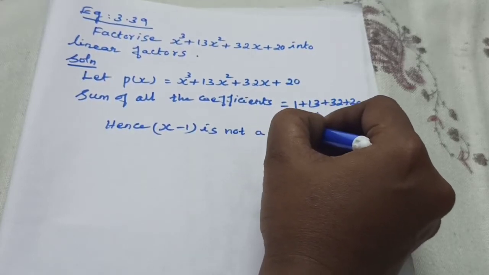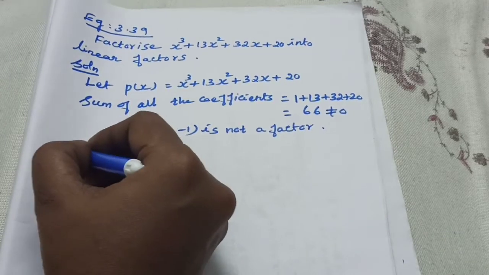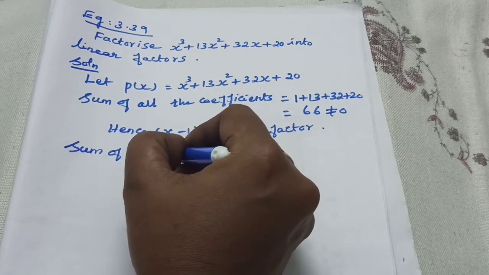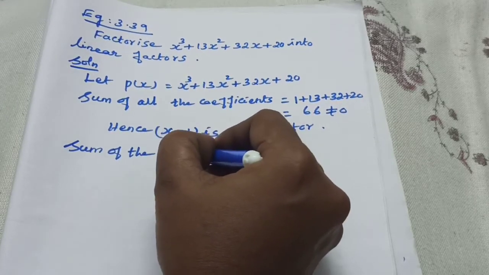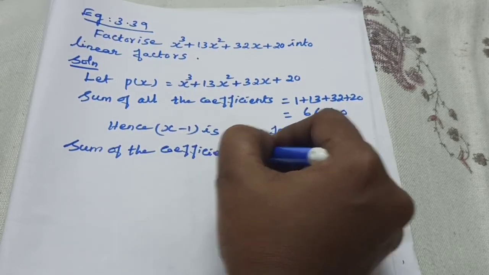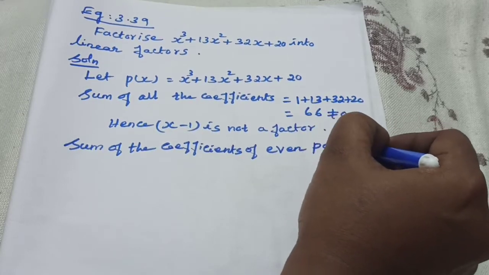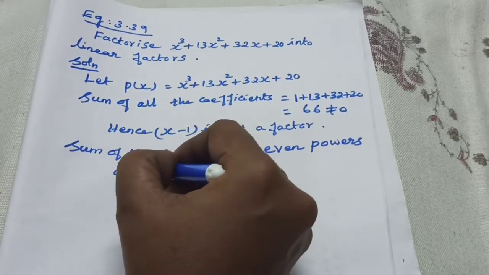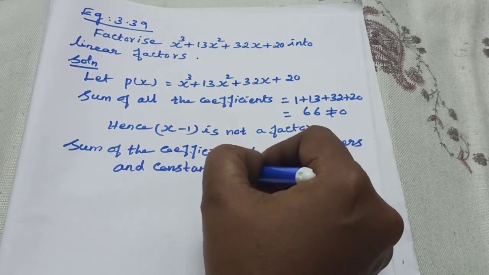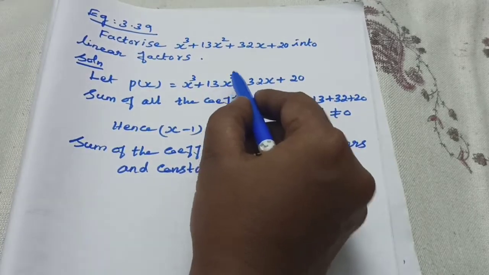So we have to check the next condition. Sum of the quotients of even powers and constant term is equal to, which is the even power, x square, isn't it?